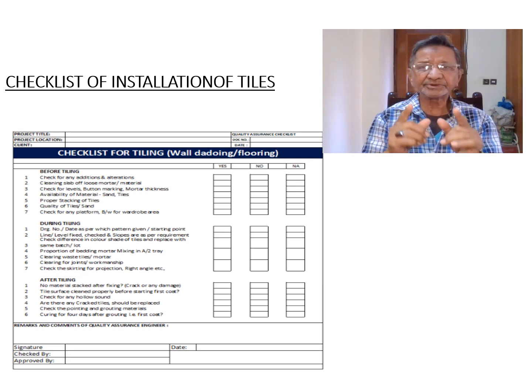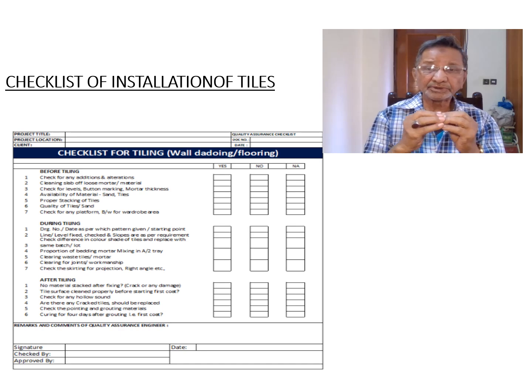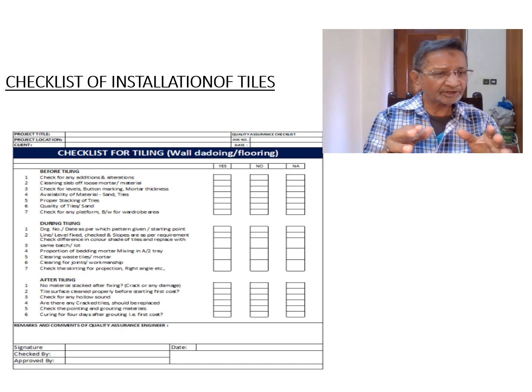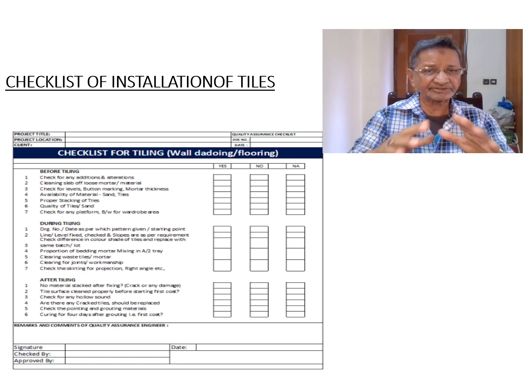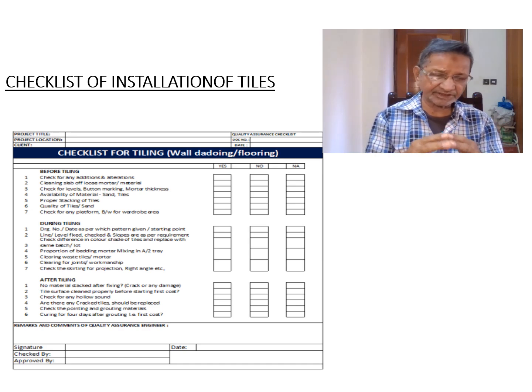The most important issue is that you have to keep a record of the material selection, what material selection is done as per the BOQ, as per the drawings, and as per the specifications.